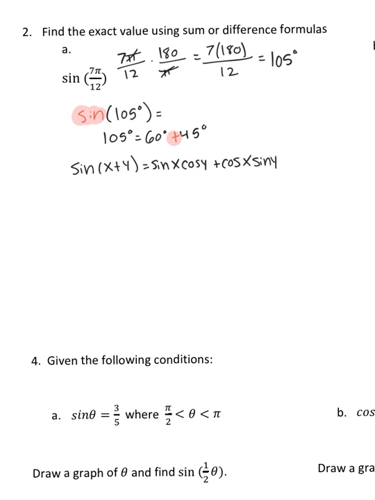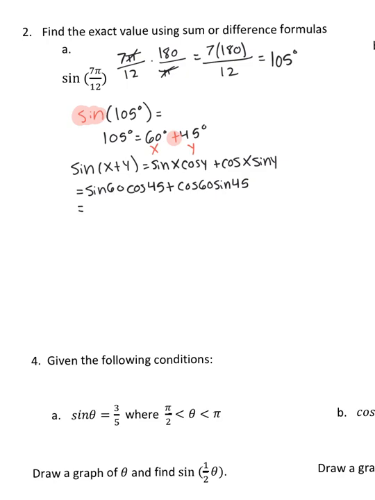Okay, so that's the formula that we're going to use. So I'm going to have sine, let's make x is 60 degrees and y is 45 degrees. So let's have sine of 60, cosine of 45, cosine of 60, and sine of 45.